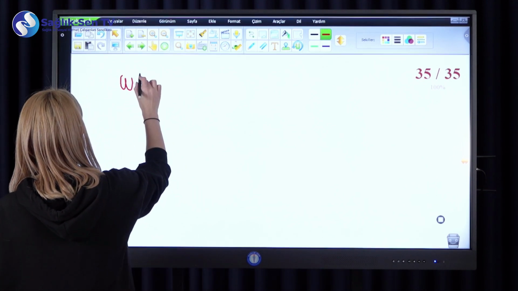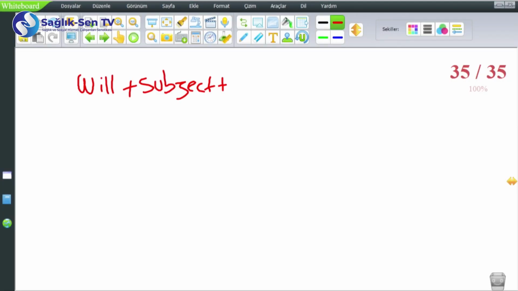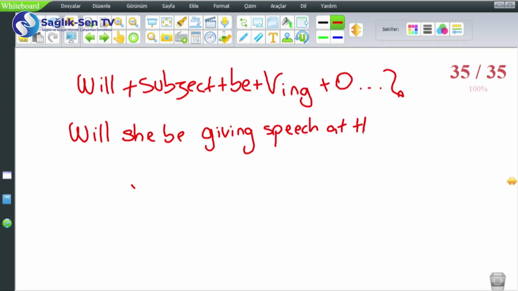I take will in the beginning of my sentence, then the subject, and then be and verb-ing and object, etc. Will she be giving a speech at the meeting tomorrow?